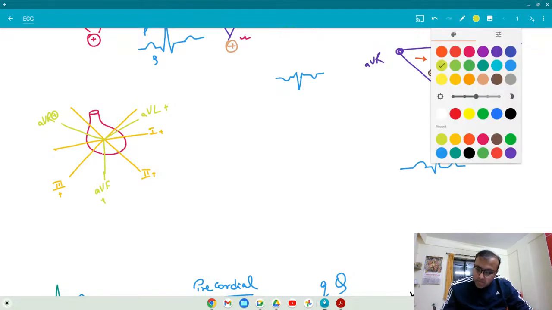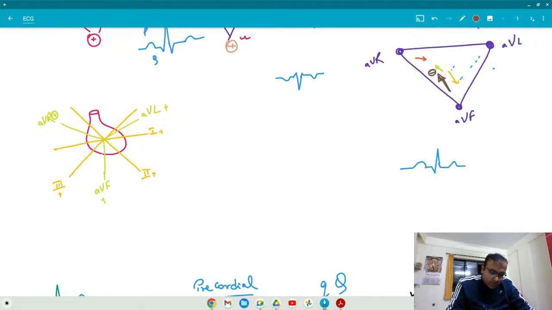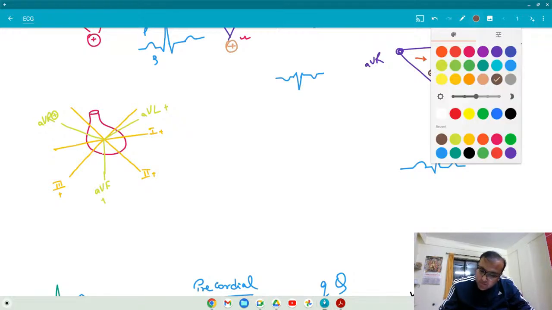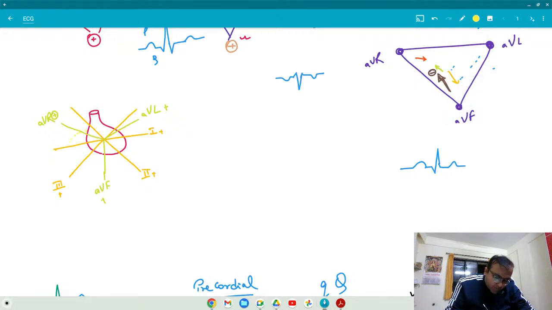And then we have discussed one more thing: if this is the horizontal plane of the heart, then there are supposed to be V1, V2, V3, V4, V5, and V6. Correct?